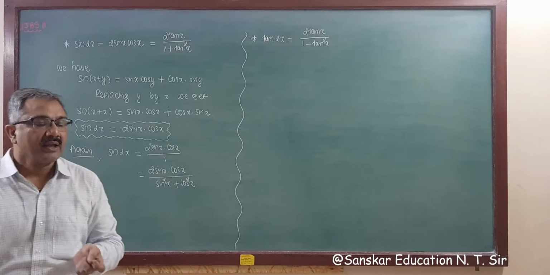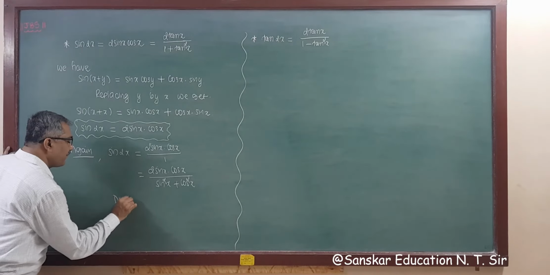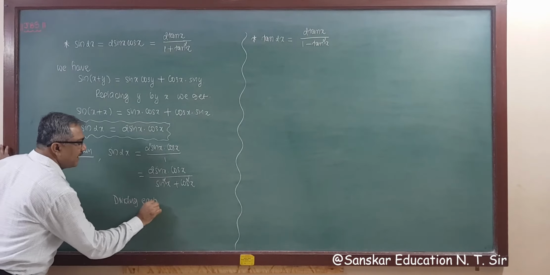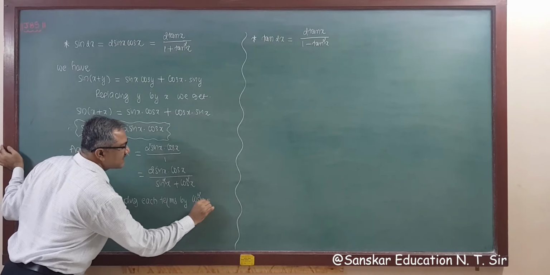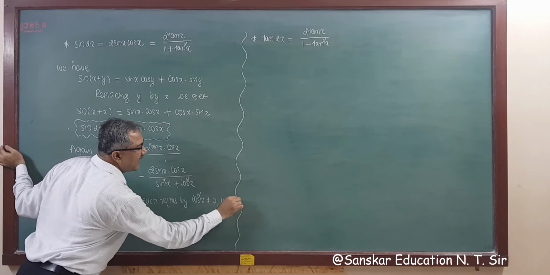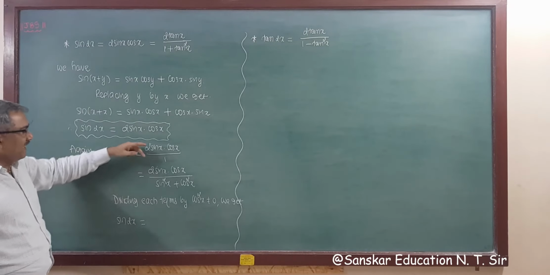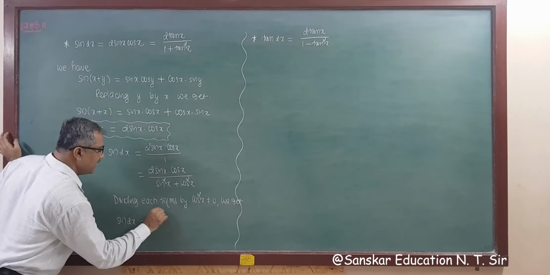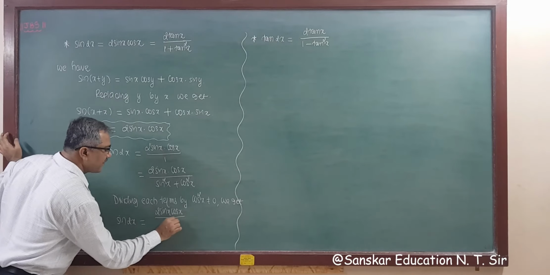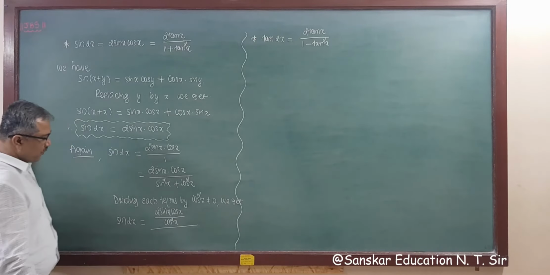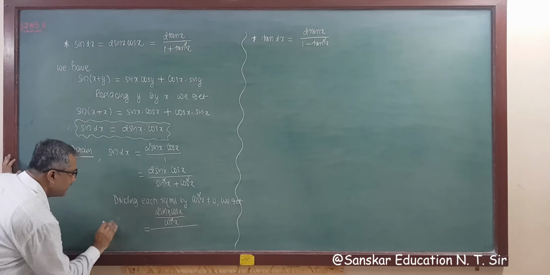Now dividing each term by cos square x, not equal to 0, we get sin 2x is equal to, now dividing this, 2 sin x cos x whole upon cos square x, whole upon, I am writing here like this because I want an equal sign here.